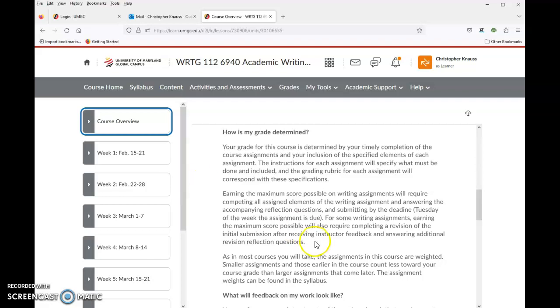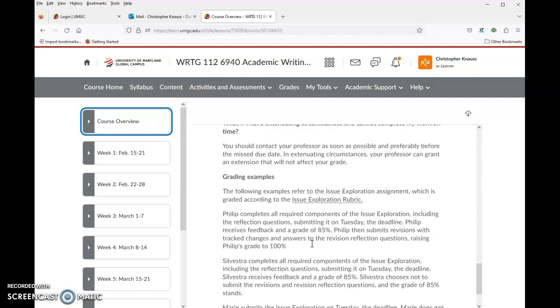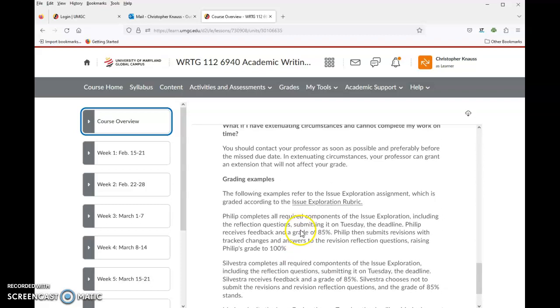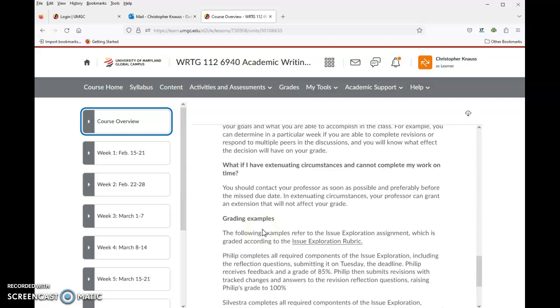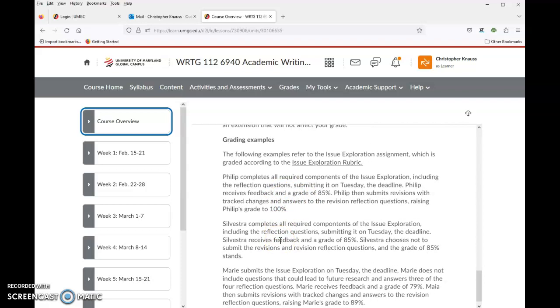So, the course overview talks about what we're doing. The course is a little bit different because it's more of an effort-based teaching style. So, if you complete the assignments as instructed and do everything by the deadlines, you'll pass the course probably.